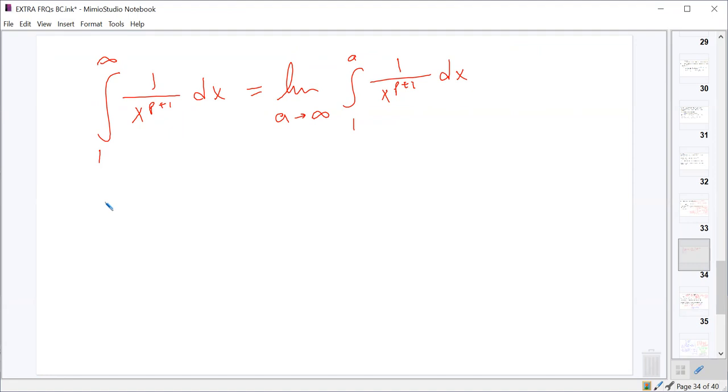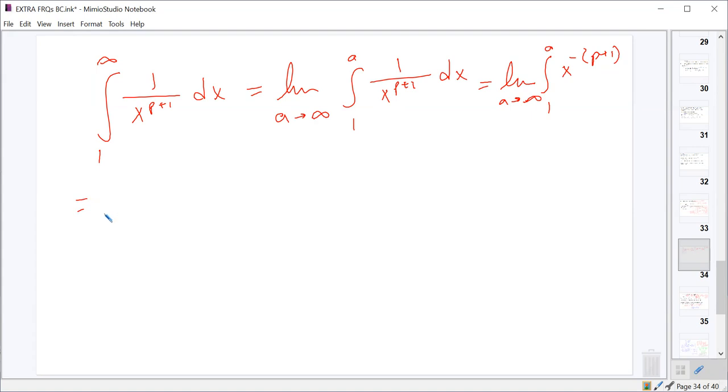Okay, so then we just need to integrate this. How do we integrate 1 over x to the p plus 1? We know the power down here is greater than 1, so we could rewrite this as the limit as a approaches infinity of x to the negative p plus 1, and then use the power rule.